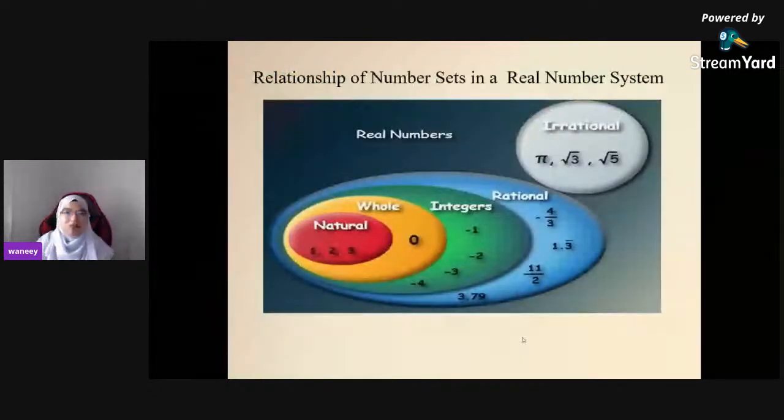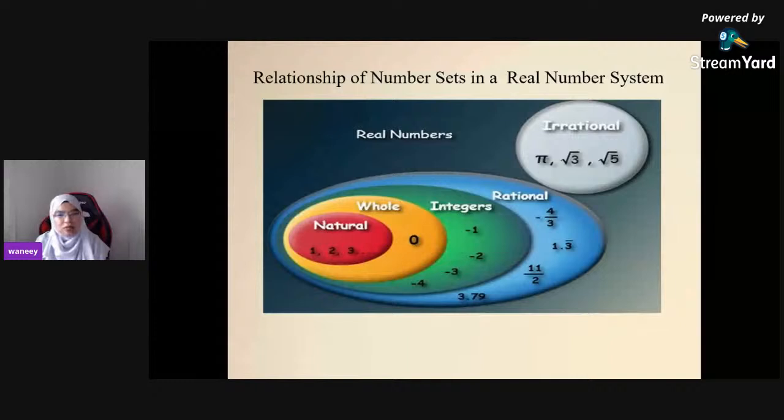Okay, so now the relationship of number sets in the real number system. Before this, we have learned about natural, whole, integers, and rational. So this is how, if we want to draw them in a diagram, we start with the smallest set. So this is natural.